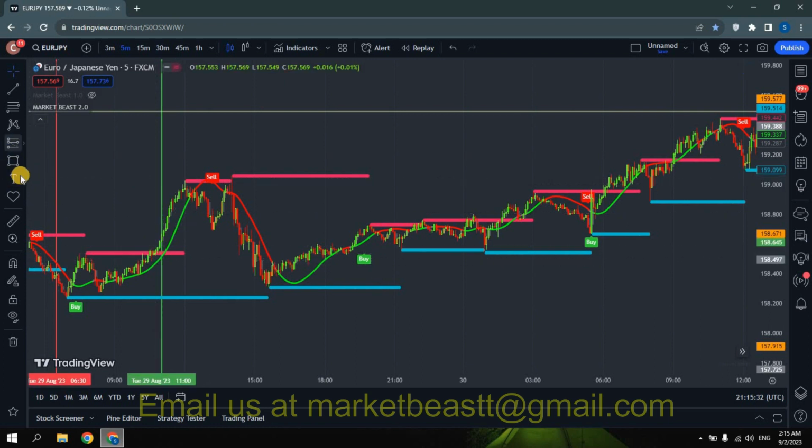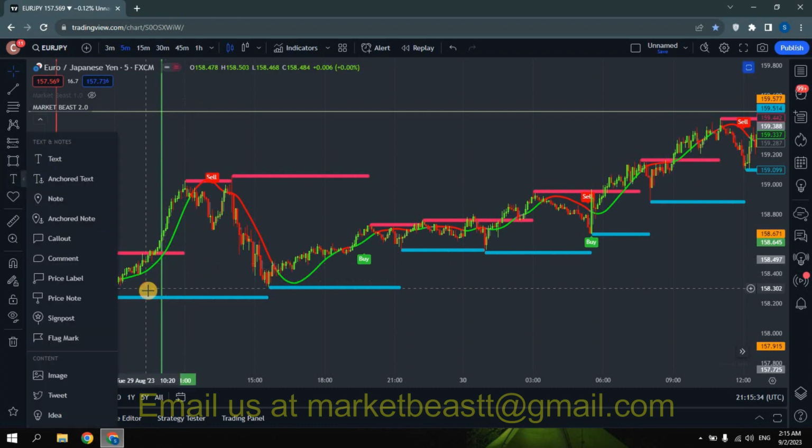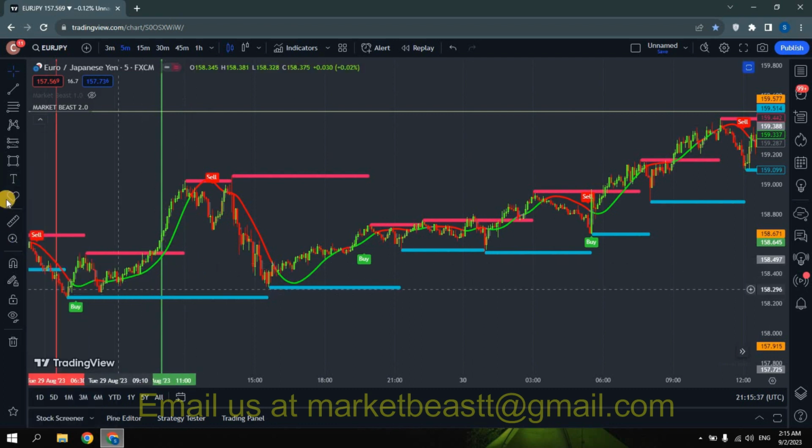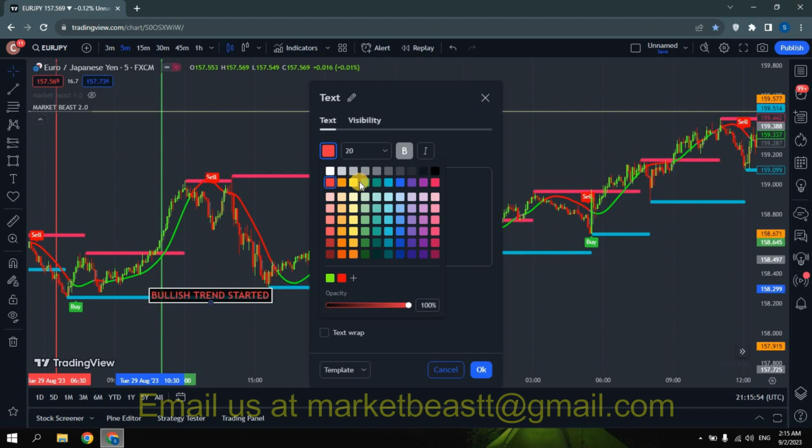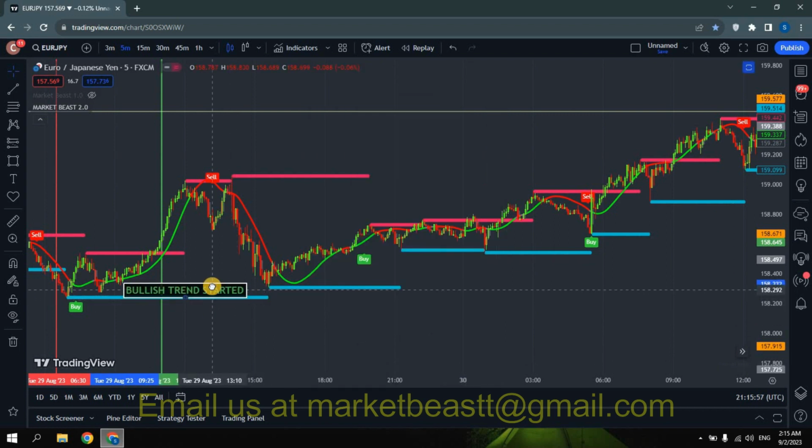Let me write bullish trend started. Let's make it green because it is bullish.